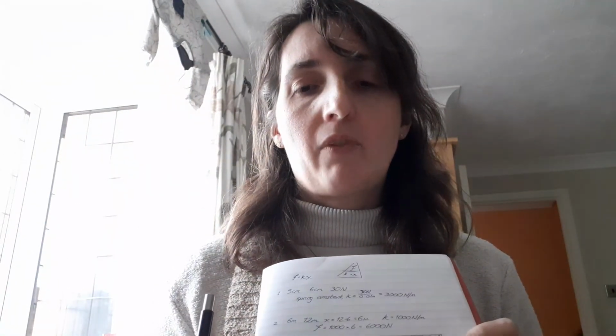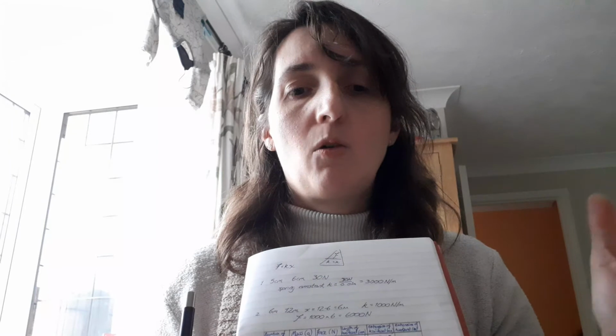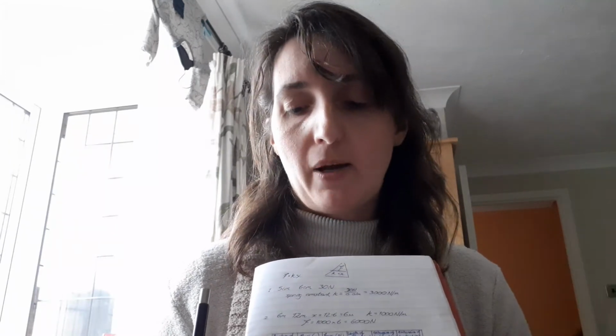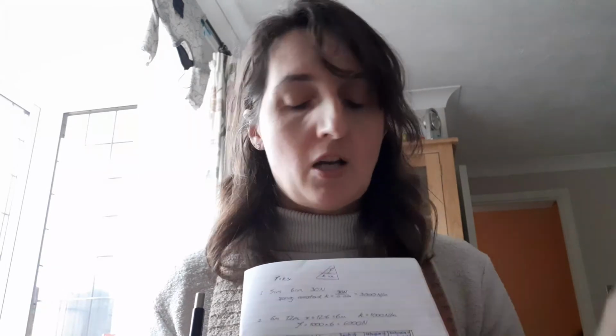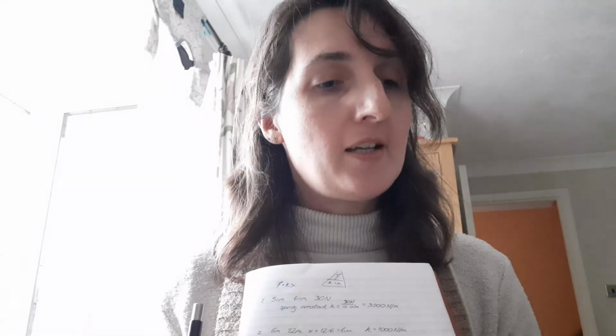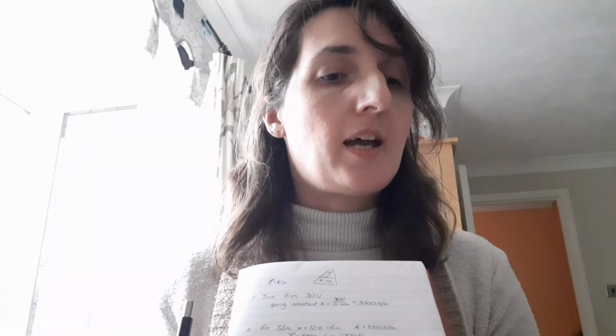Okay, so every 1 kilogram is 10 newtons, because we just multiply it by 10. This isn't in kilograms, this is in grams. So what we need to do is take 24.6, and divide that by 1,000 to get 0.0246. Okay, I hope the lighting's okay and you can see this.